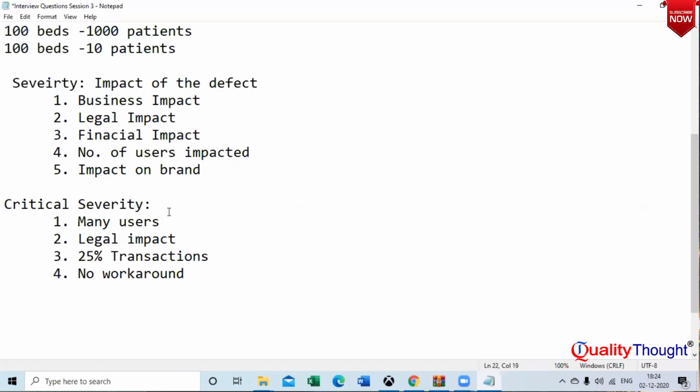Critical severity defects are also called showstopper defects.